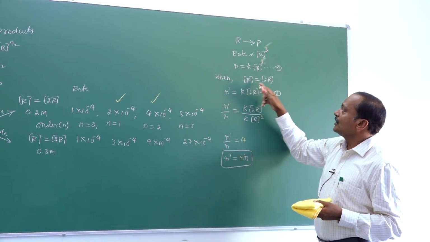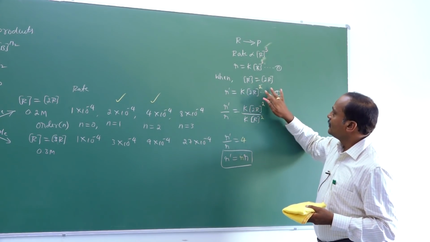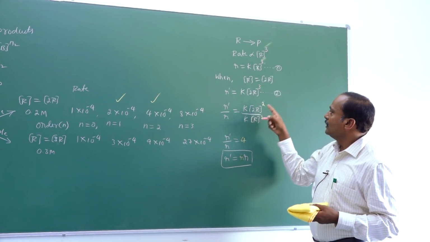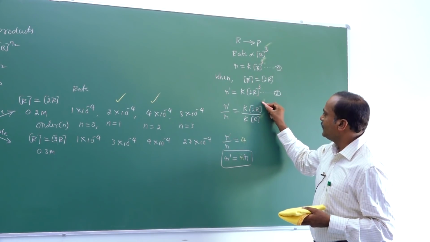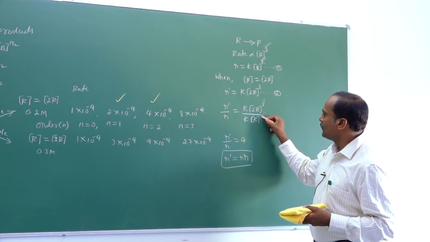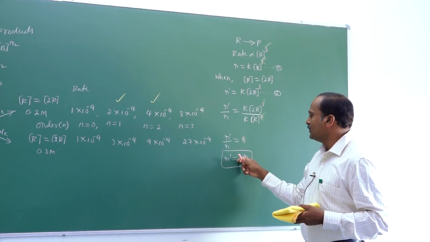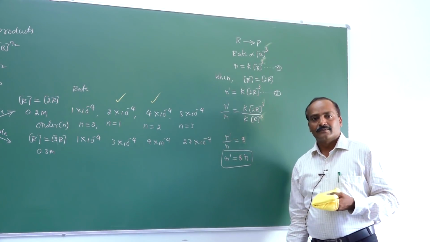When the concentration of the reactant is doubled, then R becomes 2R, then R dash is equal to K into 2R power 3. Equation 2 by equation 1: R dash by R is equal to K into 2R power 3 divided by K into R power 3. Then R dash by R is equal to 8, then R dash is equal to 8R. Okay.